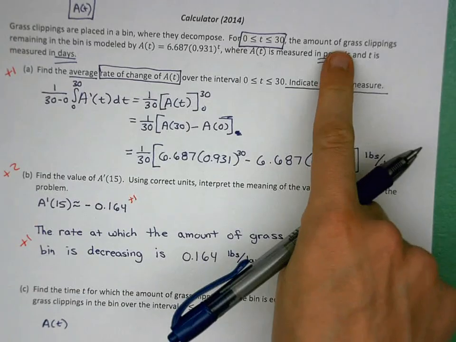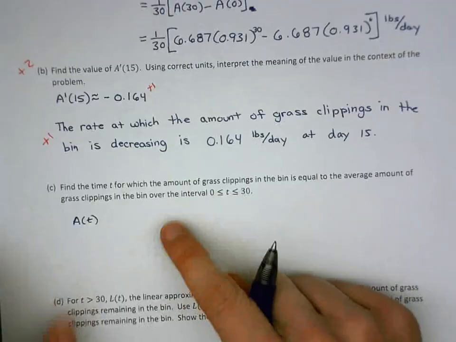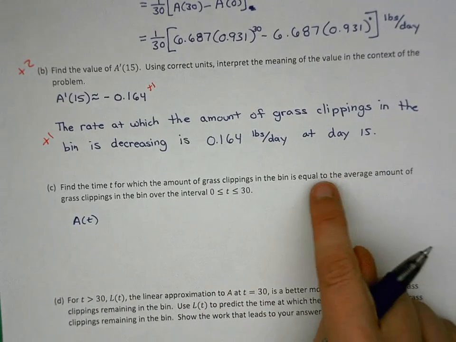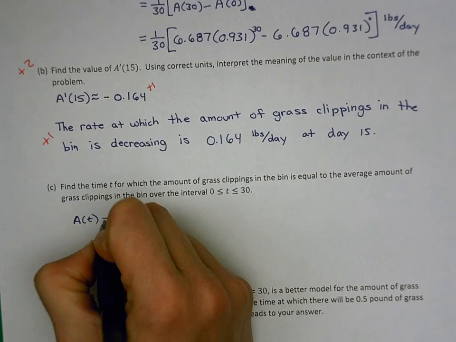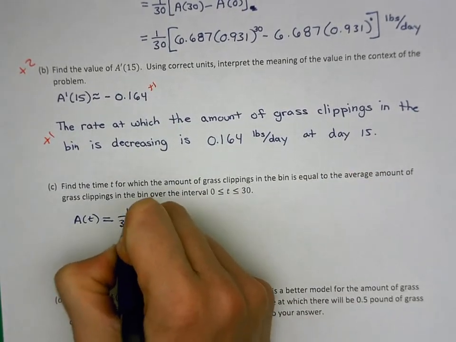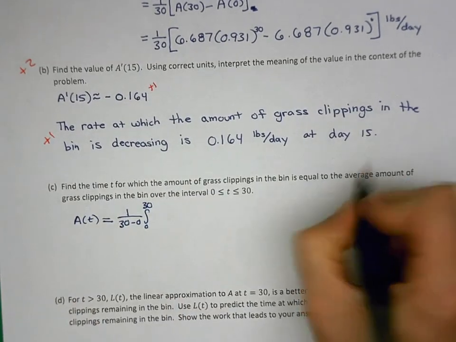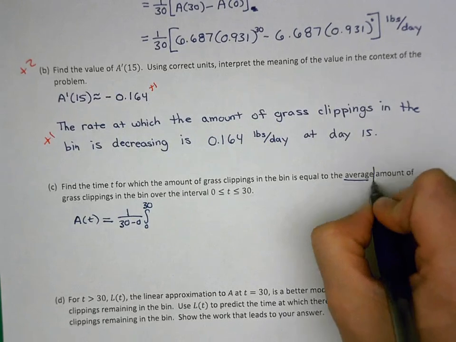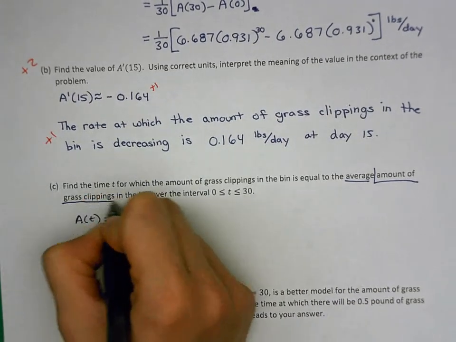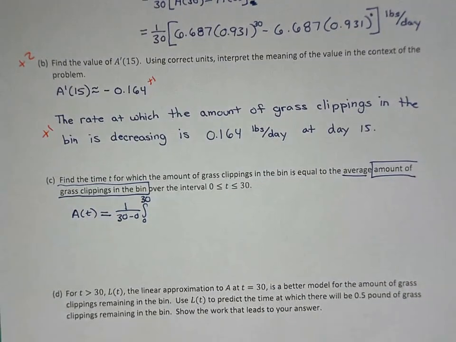The amount of grass clippings is modeled by A of t. So where is the amount of grass clippings in the bin equal to the average, so 1 over b minus a times the integral from a to b, so average, and then average what? Amount of grass clippings. So what's going inside of our integral? Well, amount of grass clippings in the bin is A of t.